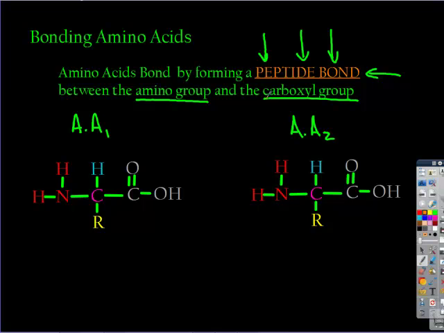Actually, I'll go ahead and color code that. We'll do the carboxyl group in orange. This is the one I'm actually interested in here. So that's my carboxyl group, my C, O, H, and O right there. I'm going to erase that. But that is the carboxyl group. And then the amino group is actually already in red.